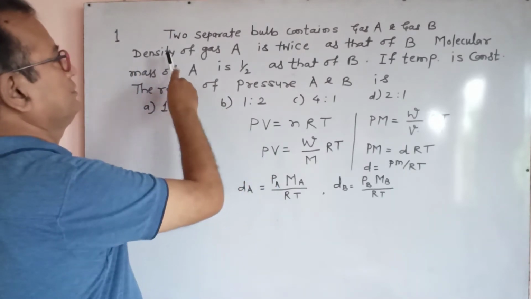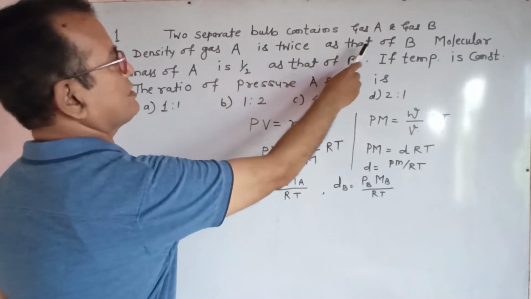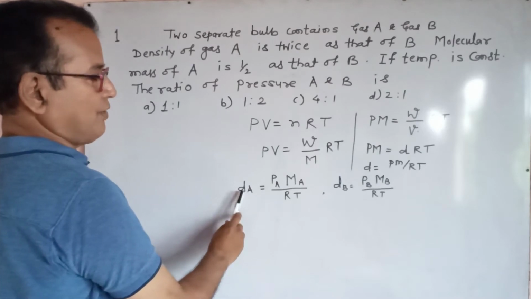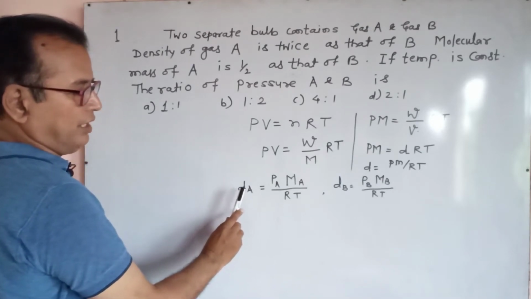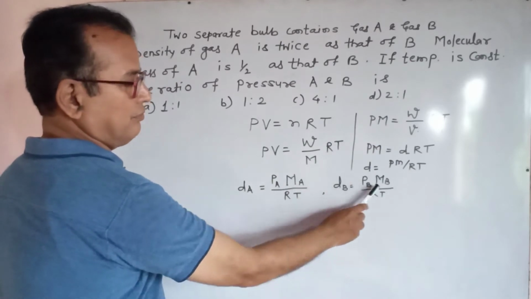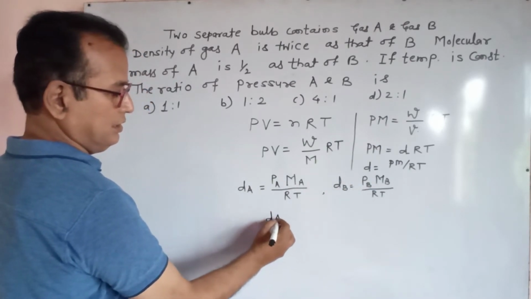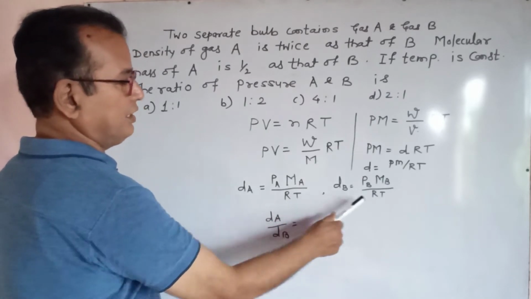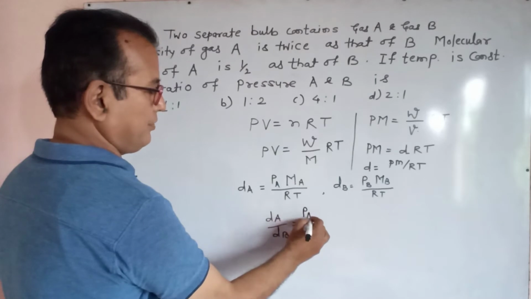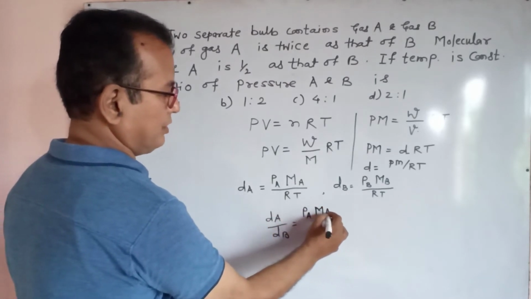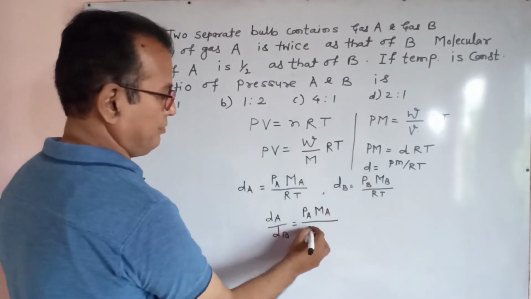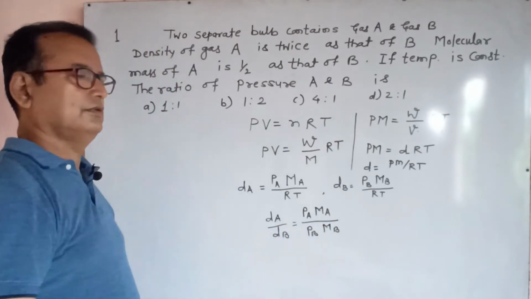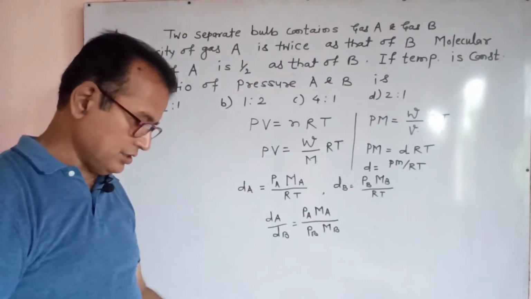The density of gas A is twice that of density of B, so the ratio dA by dB is 2. When we divide equation number 1 by equation number 2, dA upon dB is equal to, RT gets cancelled, pressure of A times molar mass of A upon pressure of B times molar mass of B. This is the modified formula.